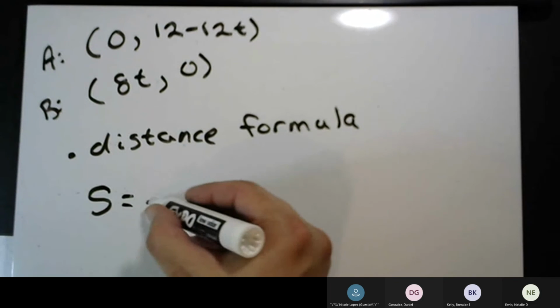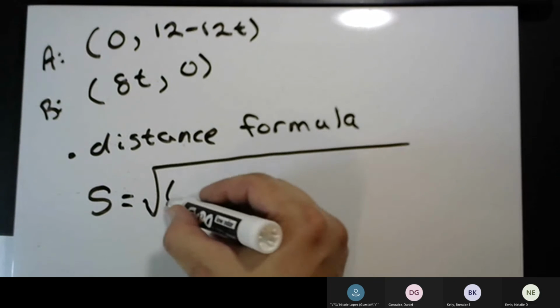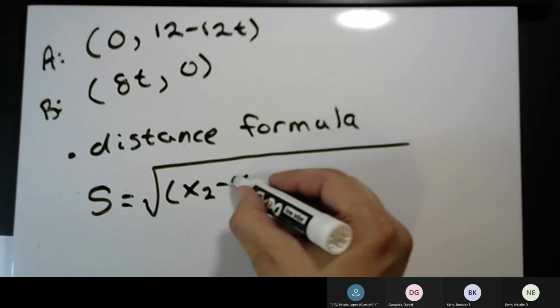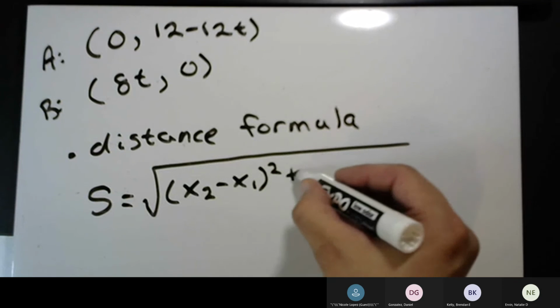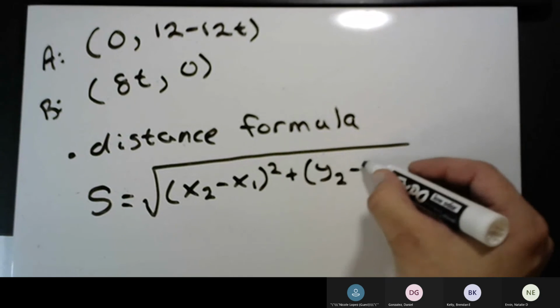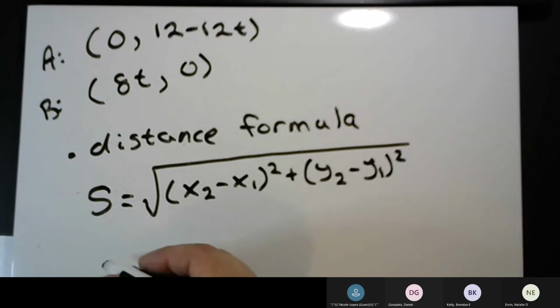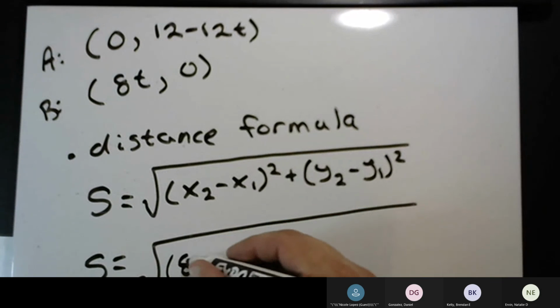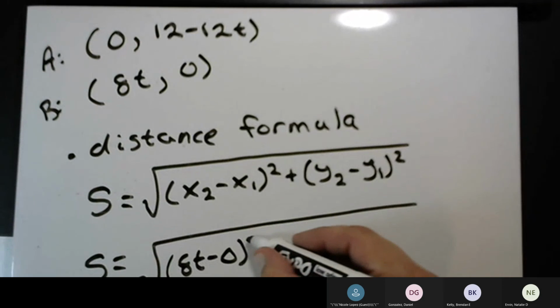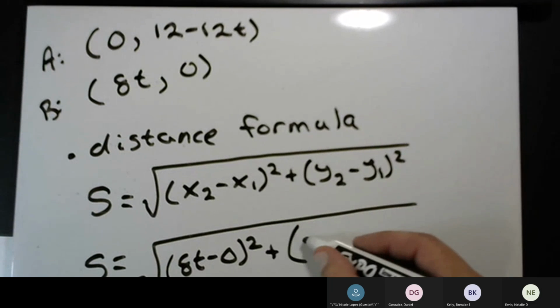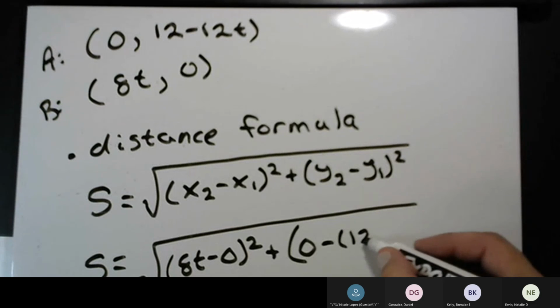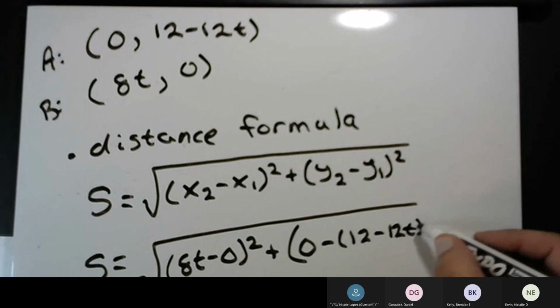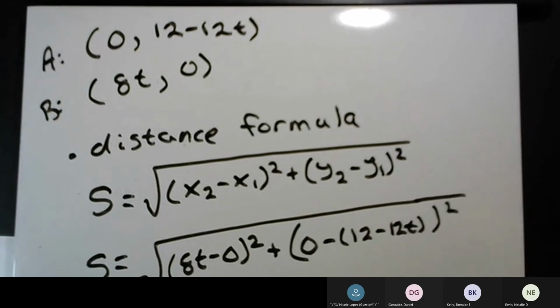So this time it will be s equals the square root of x2 minus x1 squared plus y2 minus y1 squared. In this case, 8t minus 0 squared plus 0 minus (12 minus 12t) squared.